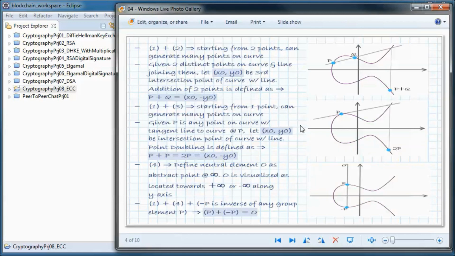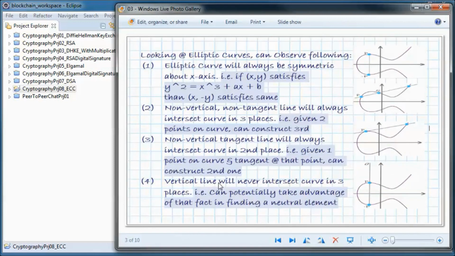So given P is any point on the curve with a tangent line to the curve at P, let x0, y0 be the intersection point of the curve with the line. Then we define point doubling as P plus P is equal to 2P is equal to x0, minus y0. And we also take advantage of our fourth observation, that a vertical line will never intersect the curve in 3 places.